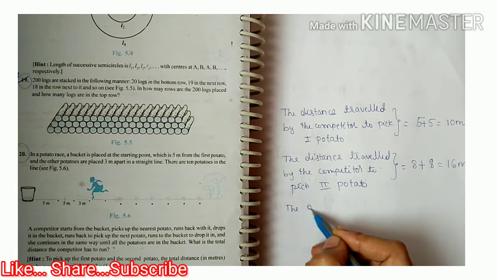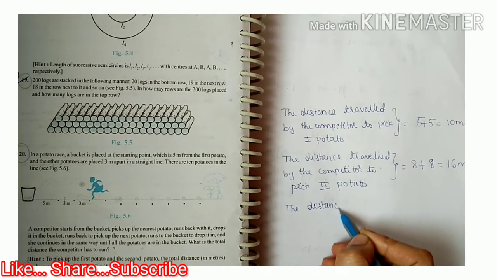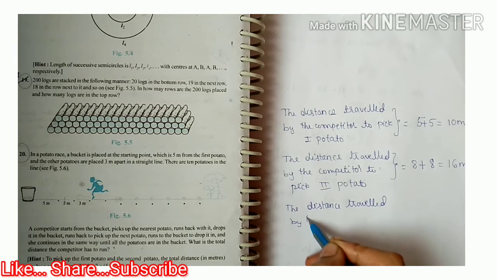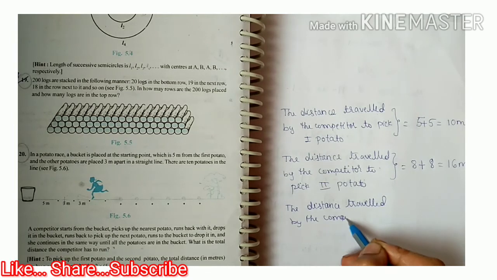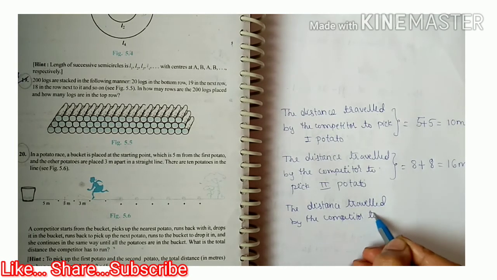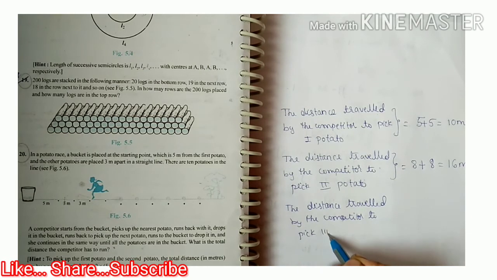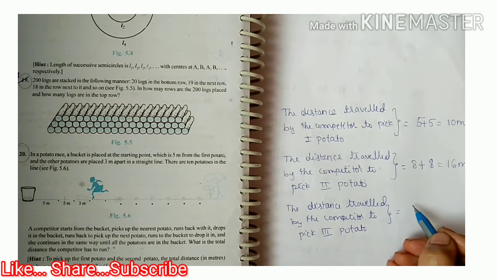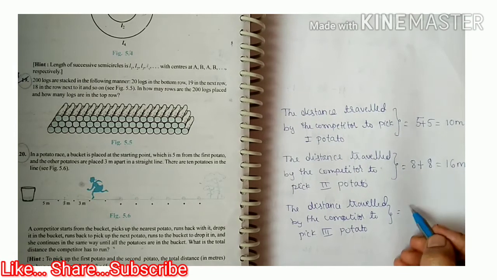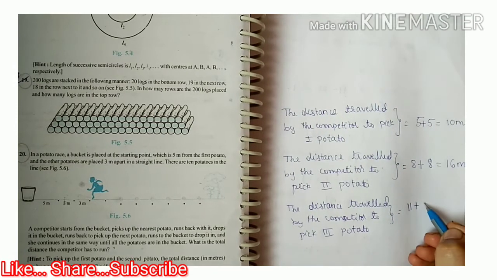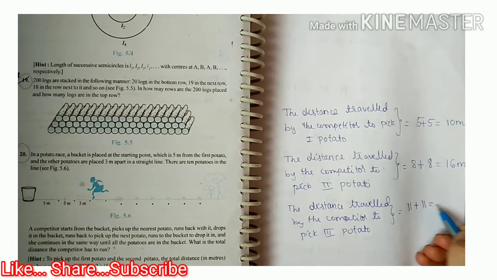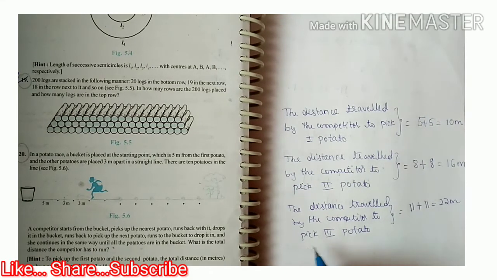Similarly, the distance traveled by the competitor to pick the third potato, which is 5 plus 3 plus 3, 11 meters, and run back to drop it in the bucket: 11 plus 11, 22 meters.